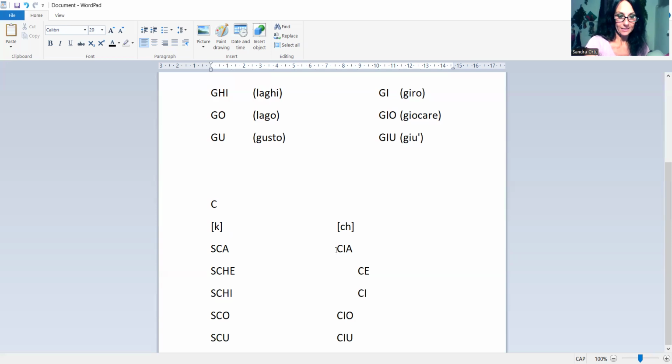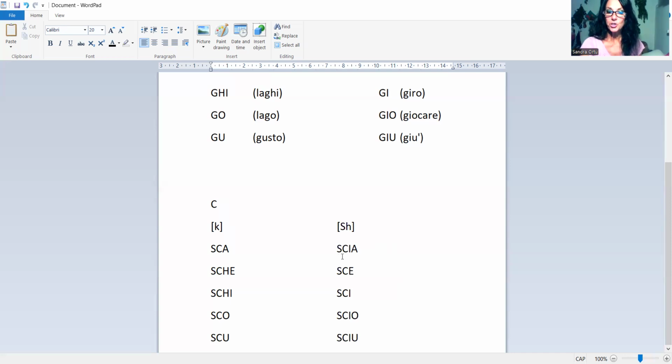If instead we add an S to the soft sound ch, let's see what we end up with. So the soft sound ch, if we add an S before this combination of letters, we have the sound sh. This is just a sound.